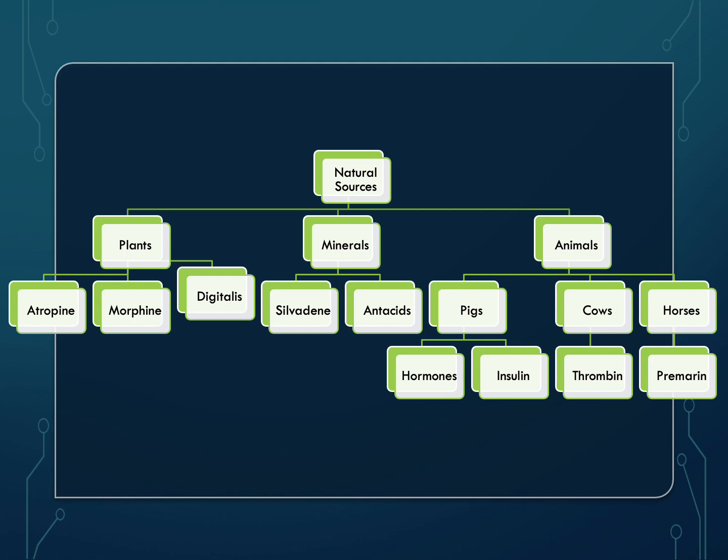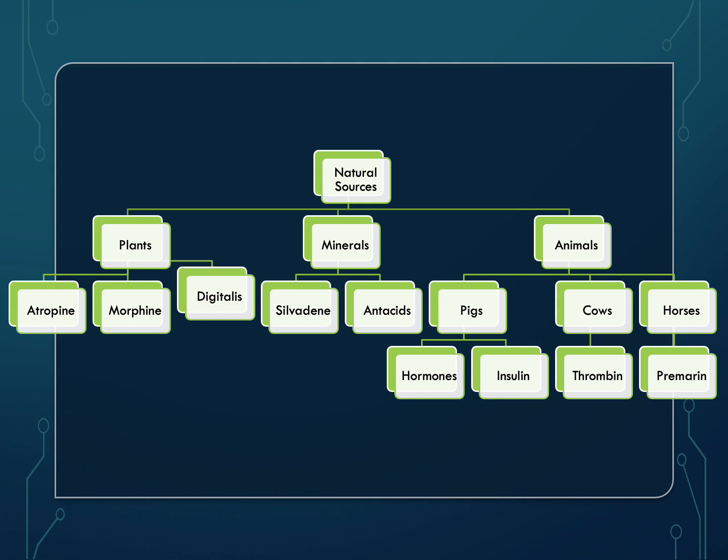So antacids such as, let me back up. Silvadene cream, let me talk about that first, contains silver salts. And when we have patients that have burns, this Silvadene cream is what we typically put on those burns.